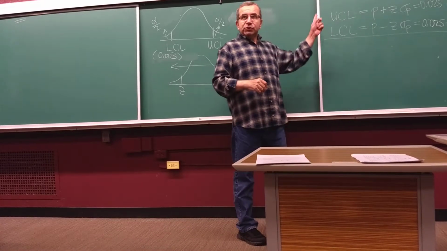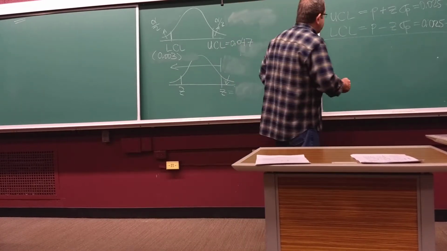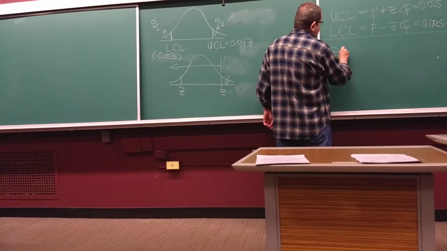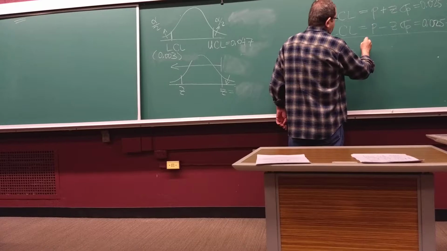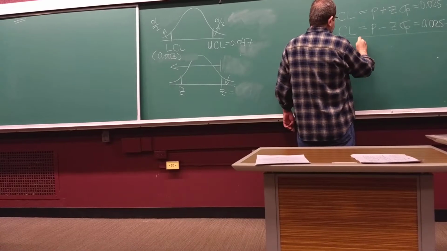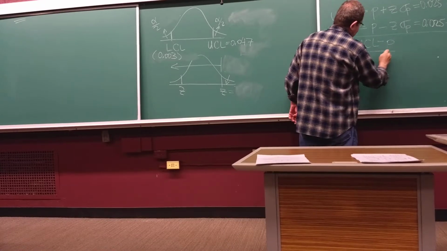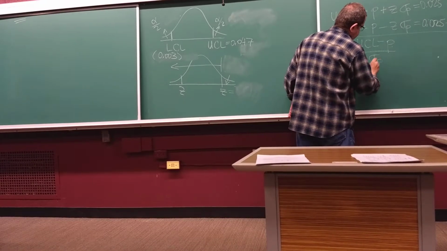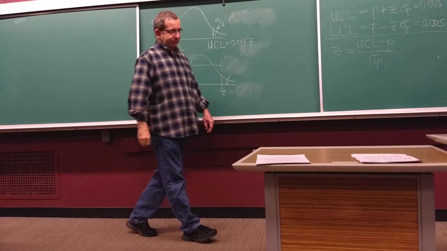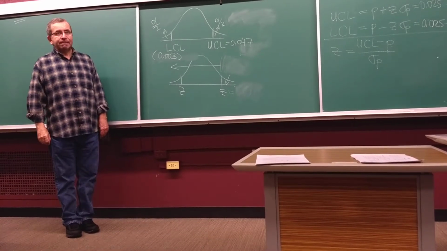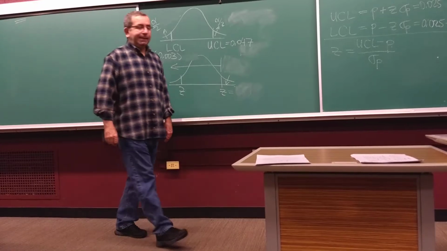Yeah, exactly. So now we're going to rewrite these equations. Okay, so the z-value will be the upper control limit minus p divided by sigma sub p. Okay.